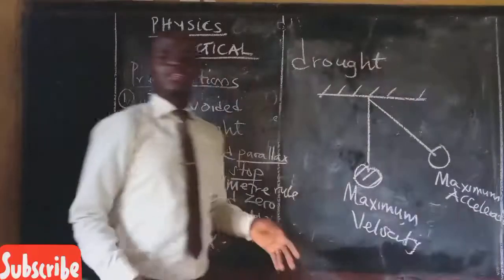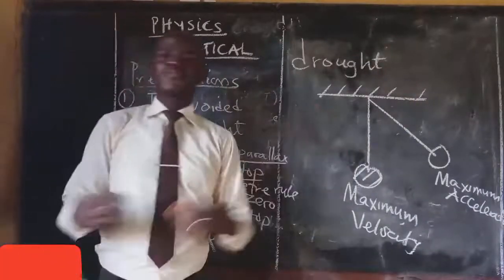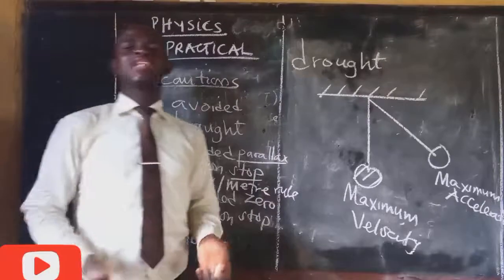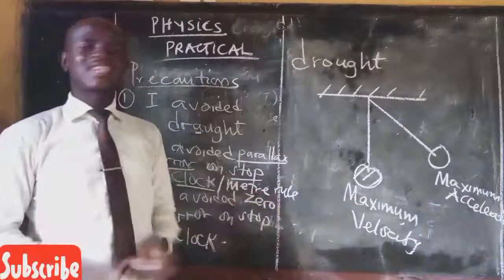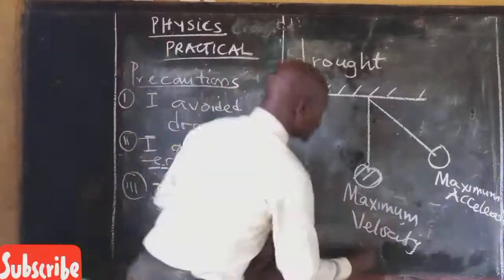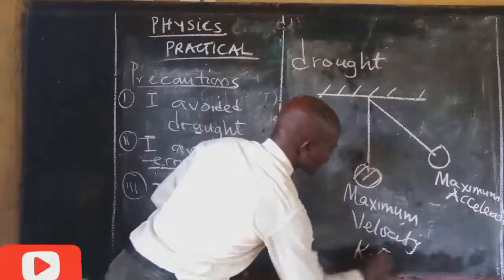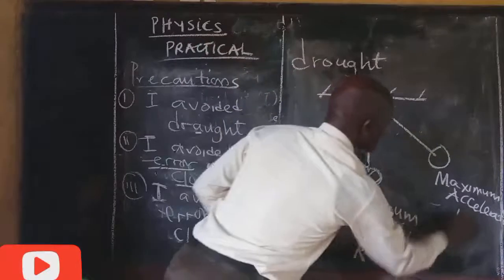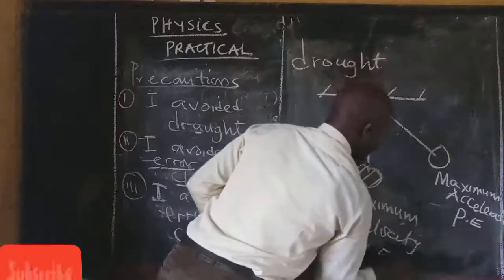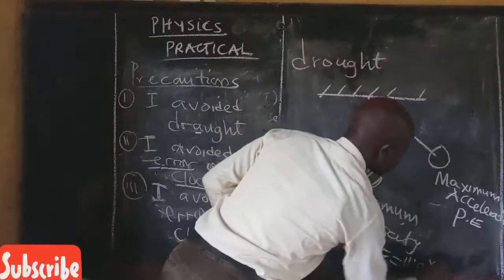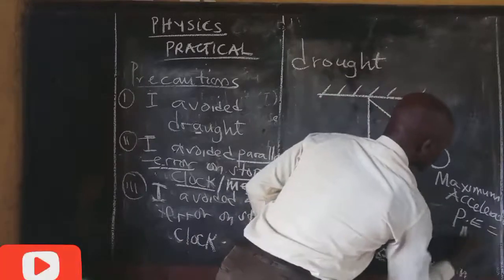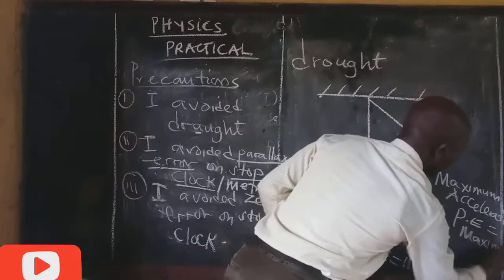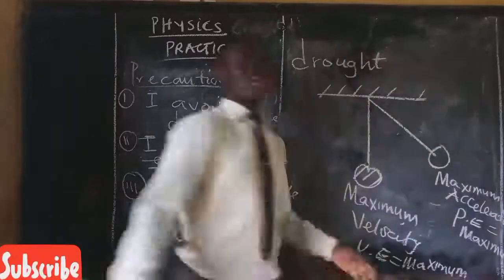The same way, you may be asked to draw this simple pendulum and show where there is maximum potential energy and maximum kinetic energy. So the same way, we have maximum kinetic energy here, we have maximum potential energy here. So these are the little short answer questions that will be given to you in the theoretical questions concerning it.